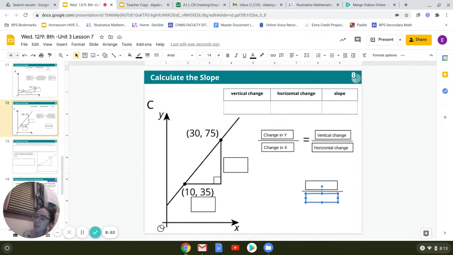Awesome, we're taking another minute and 30 seconds to calculate that vertical and horizontal change and then turn that into our slope fraction of rise over run, vertical change over horizontal change.